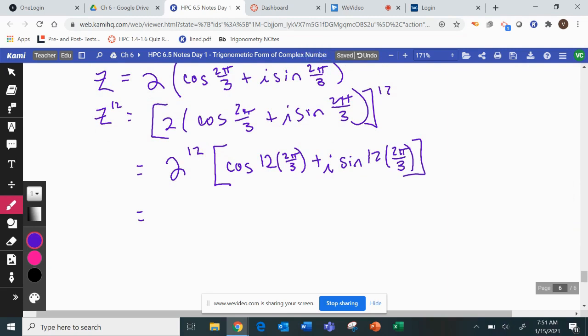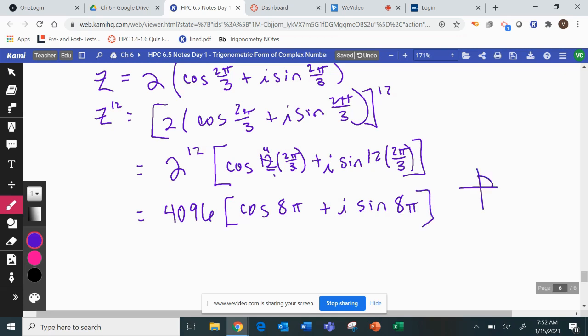All right, so I'm going to type this into my calculator because I don't know 2 to the 12th, unfortunately. 4096. And then multiply those together. That'll give me a 4. So cosine 8 pi plus I sine 8 pi.